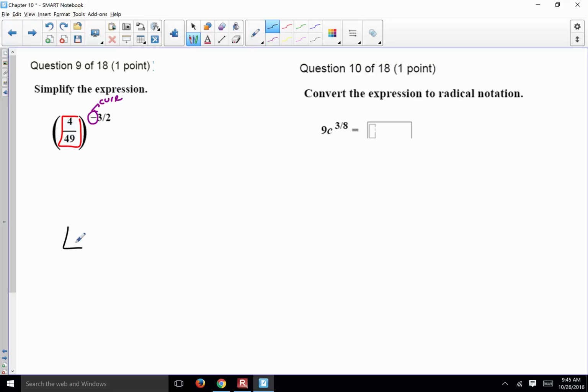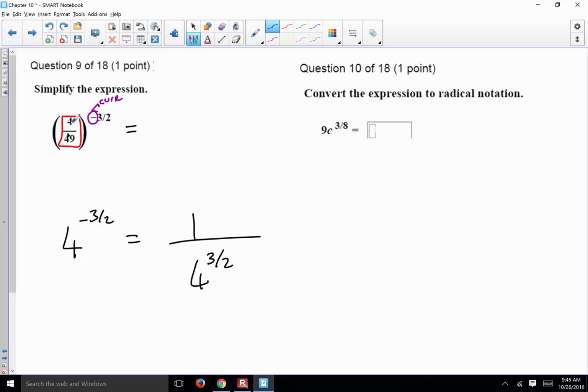Usually, if you have just a number raised to a negative power, you flip that number like that. We never flipped a fraction. How do you cure fraction negatives? If it's a whole number, this is what you do. But this is not a whole number. It's 4 over 49. How do you cure it?